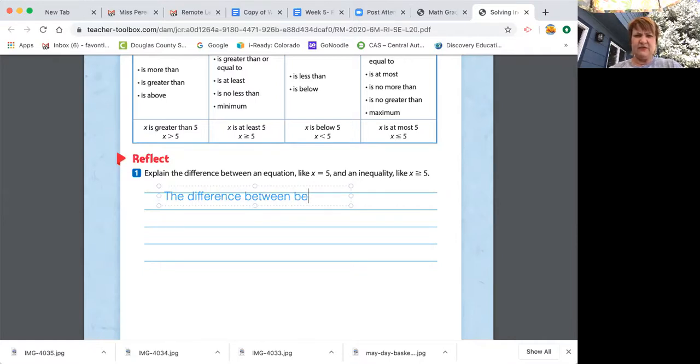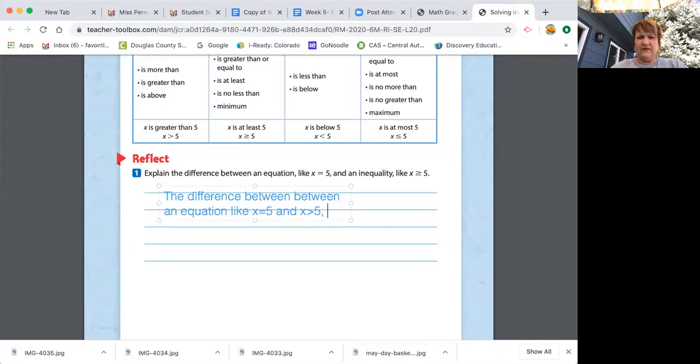The difference between an equation like x equals 5 and an inequality like x is greater than or equal to 5.